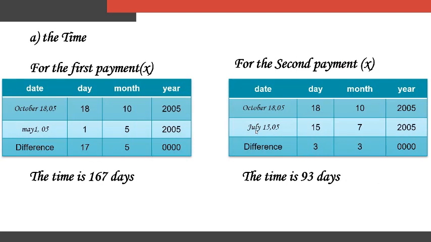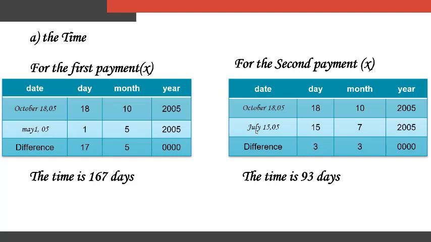For the first payment, we will start with October 18, 2005: days 18, month 10, year 2005, minus May 1, 2005: day 1, month 5, year 2005.